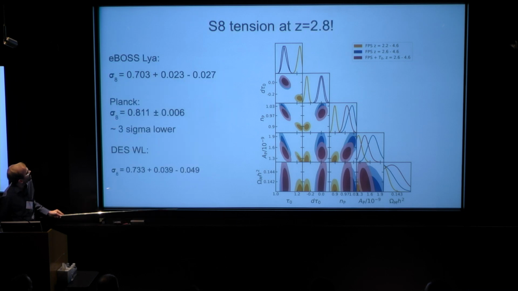The other thing you might have noticed is that sigma 8 is a little bit low. So I have sigma 8 of about 0.7. Planck is, of course, 0.811. This compares with the Dark Energy Survey weak lensing measurement of about 0.733 plus or minus 0.04. So we are lower than Planck, but in reasonable agreement with DES.